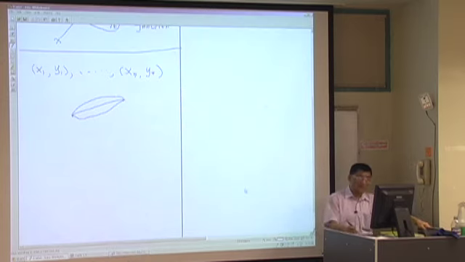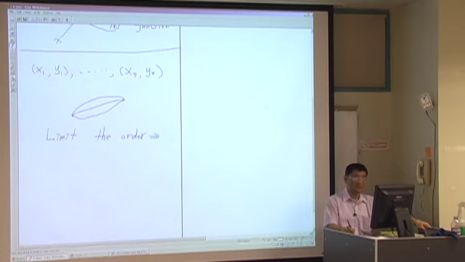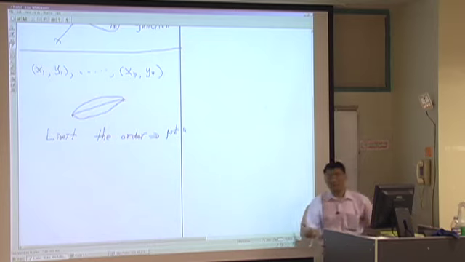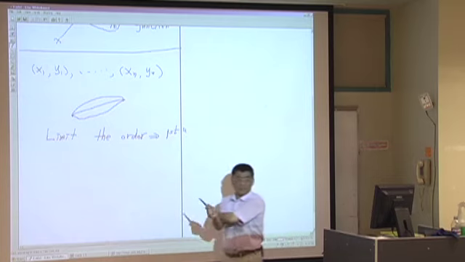There are infinitely many functions, but if we limit the order of the function, the order or degree of the polynomial, then, for instance, limit the order to the smallest number possible, for instance 1. In other words, I want to find the first order function passing through 2 points.